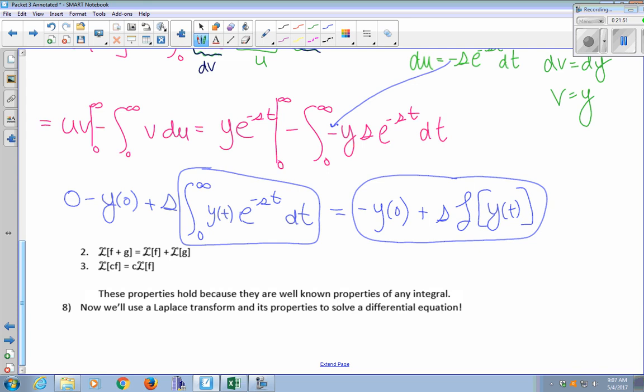Because y is really a function of t, when I'm plugging in infinity for t, that term goes to 0, but now I plug zeros in for the t's, so I have y of 0 times 1. That's the definition of the Laplace transform.